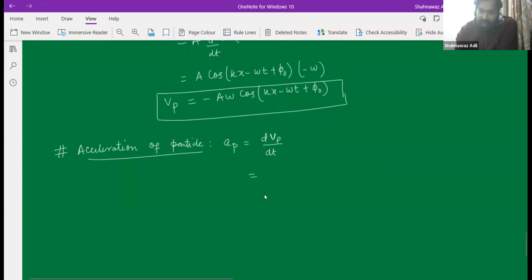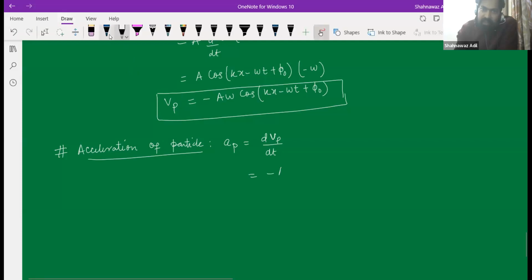Then we can calculate the acceleration of the particle. So what would be the acceleration of the particle? That would be the differentiation of velocity, right? So this would be d by dt of minus A omega cos(kx - omega t + phi).